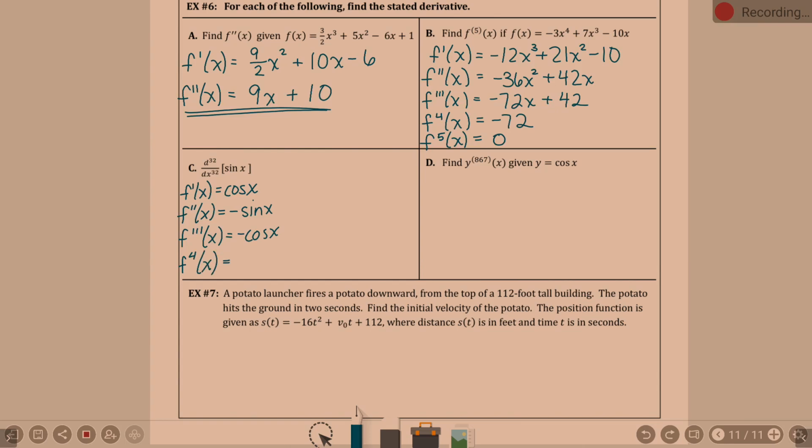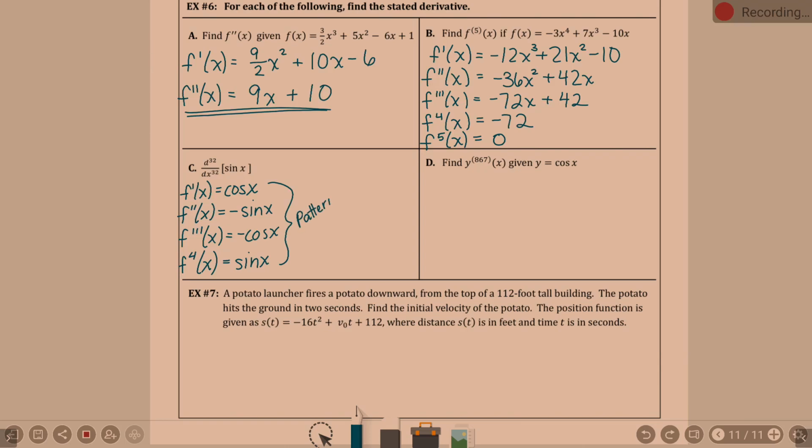Negative cosine would just be sine. What's the derivative of sine? Cosine. Did we find a pattern? Yeah. What you're looking at right here is a pattern. That's what I need you to notice there.